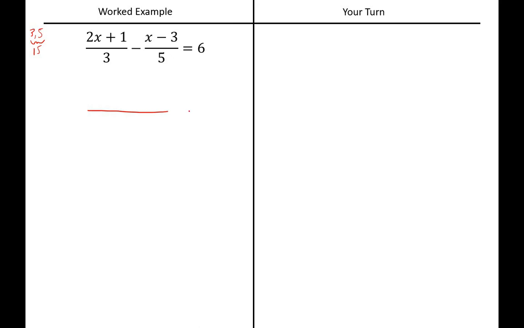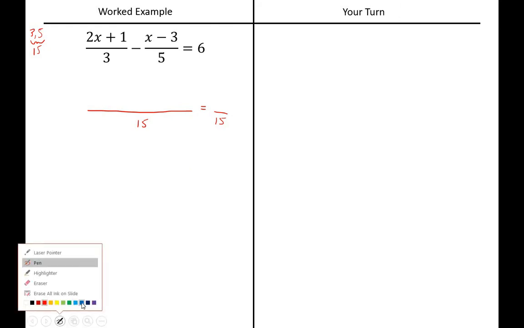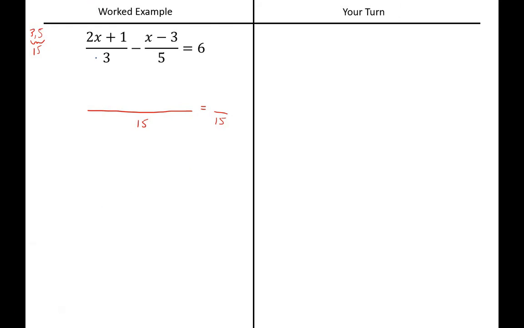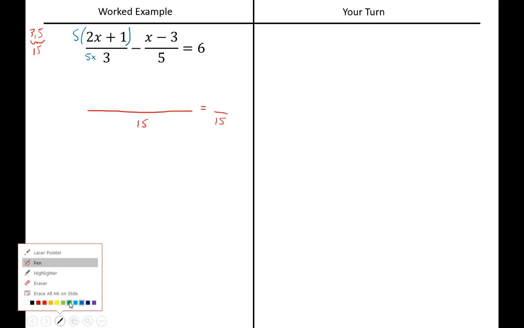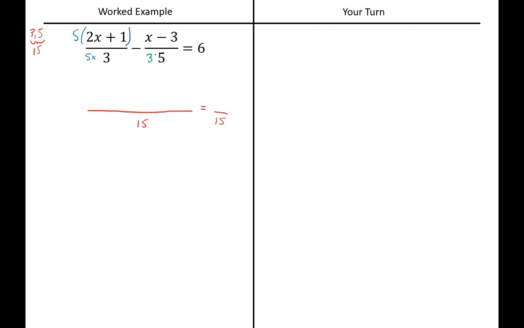And I know I can write a single fraction on each side over 15. Okay, so to make the denominator 15 on the first fraction, I'm going to need to multiply the denominator by 5. So I have to do the same to the numerator. Whereas with the second fraction, I'm going to have to multiply the denominator by 3.